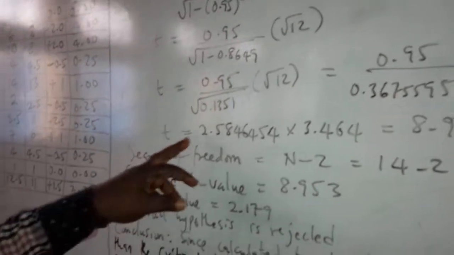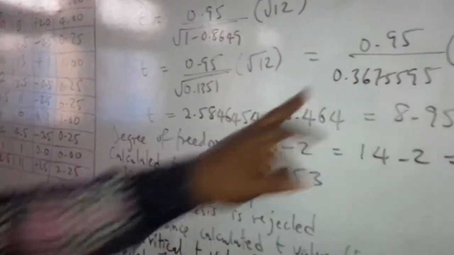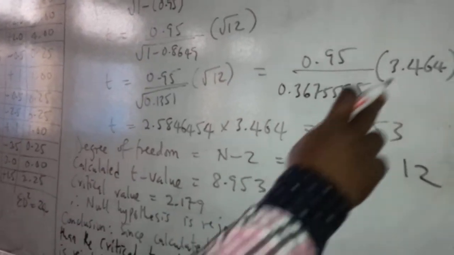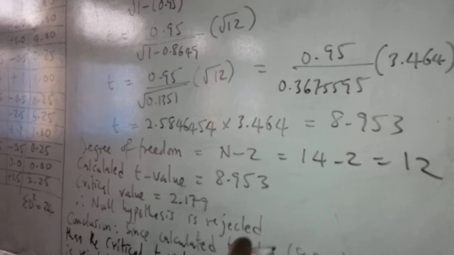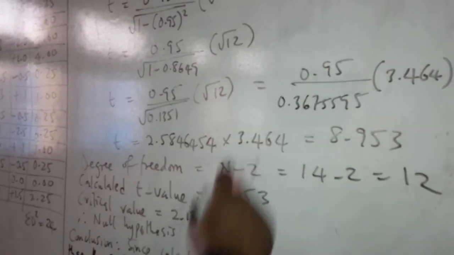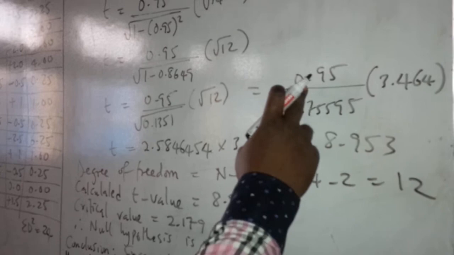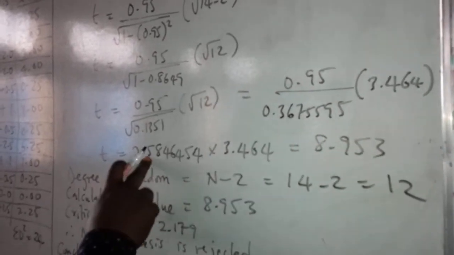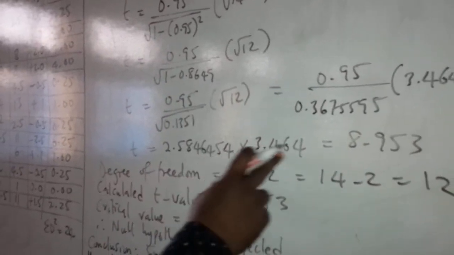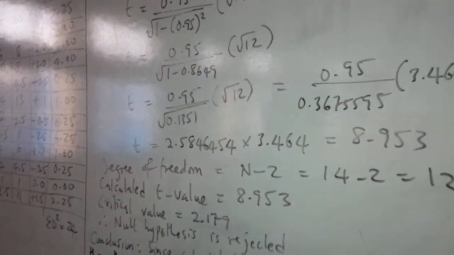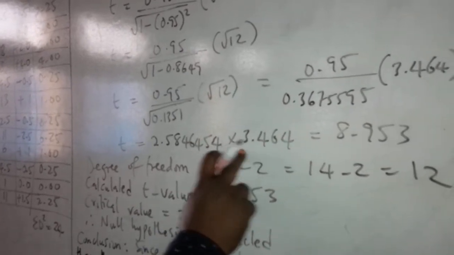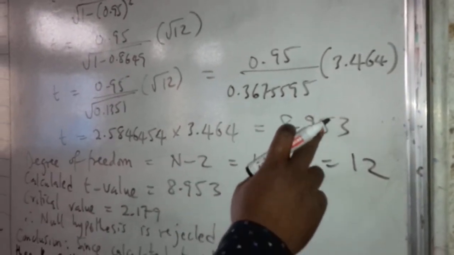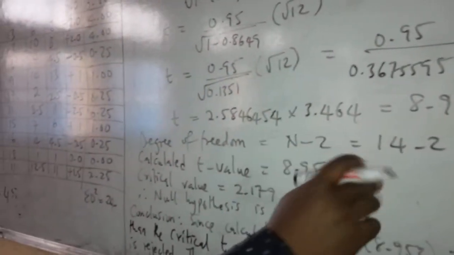In that case, you multiply this by this. 0.95 divided by 0.36 will give you 2.584644, and then you multiply it by this square root of 12. That's why you have it here, 3.464, and what you have is 8.953.